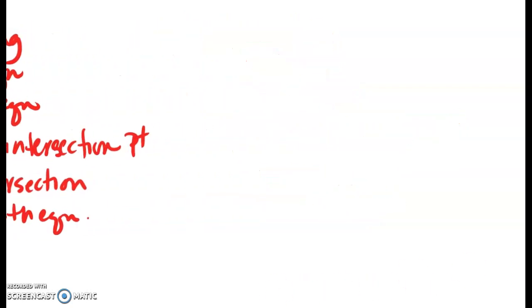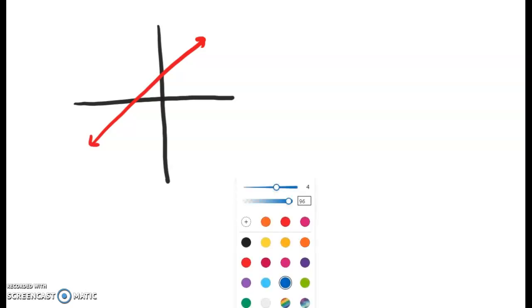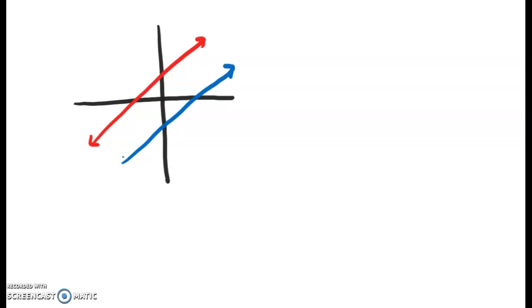Now, if you graph the two equations, and they do not intersect. Is that possible? And it looks like this. And even if I continued these out further than what I see on my paper, they still don't intersect each other. That can happen, and when that happens, that is considered no solution.